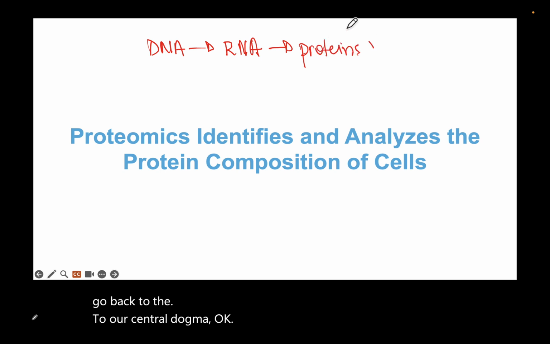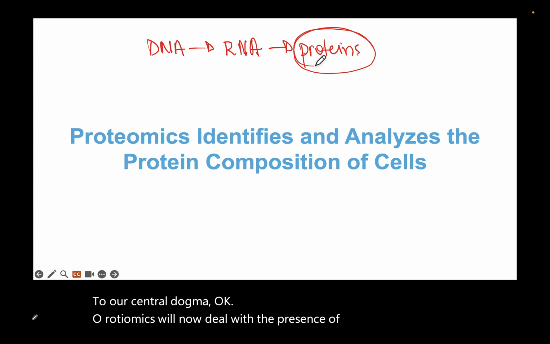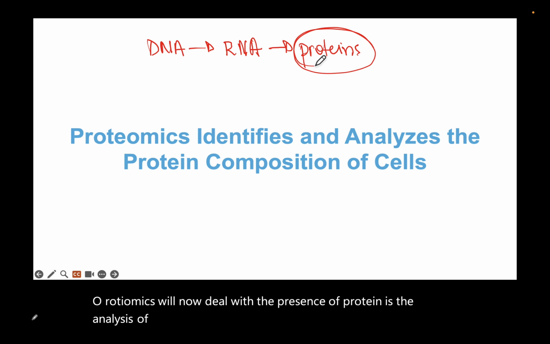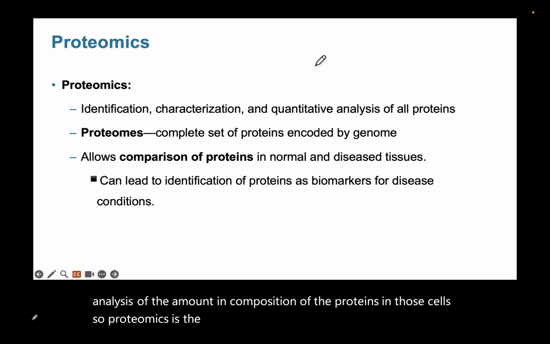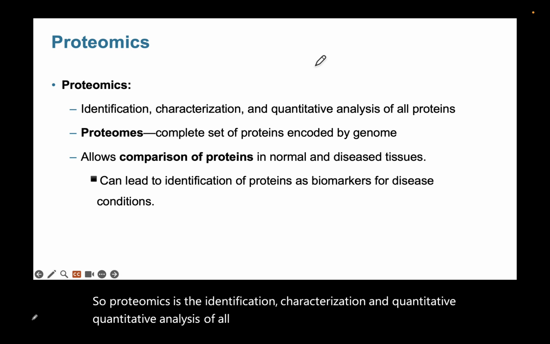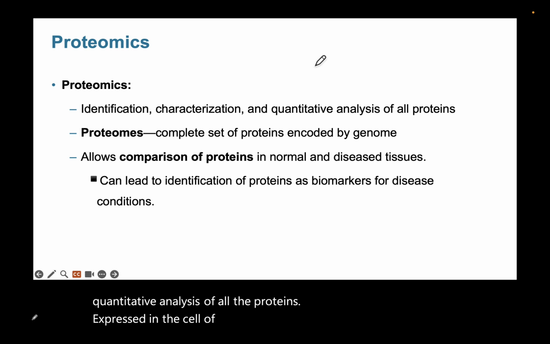So proteomics will now deal with the presence of protein, the analysis of the amount and composition of the proteins in those cells. So proteomics is the identification, characterization, and quantitative analysis of all the proteins expressed in the cell of your organism of study.